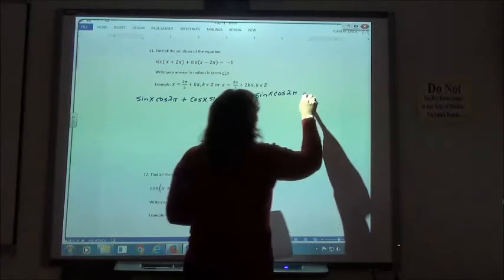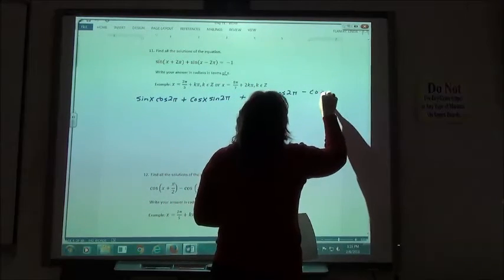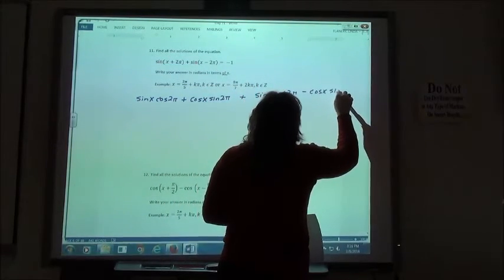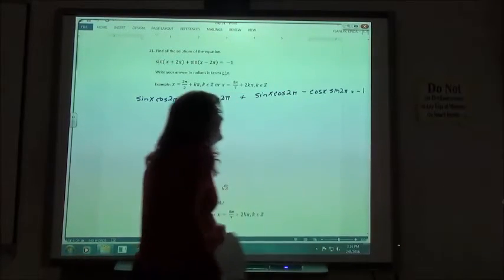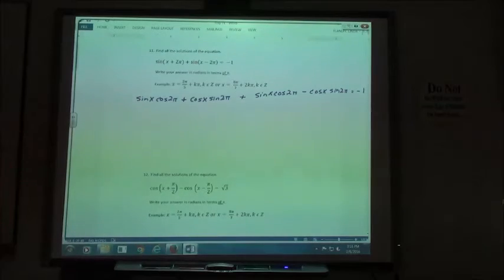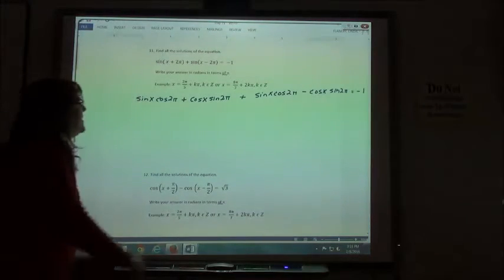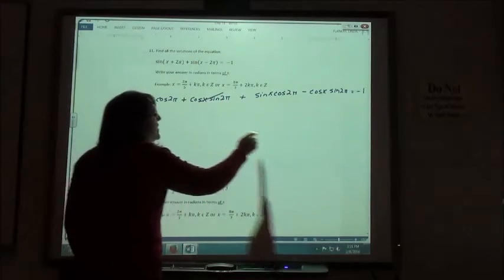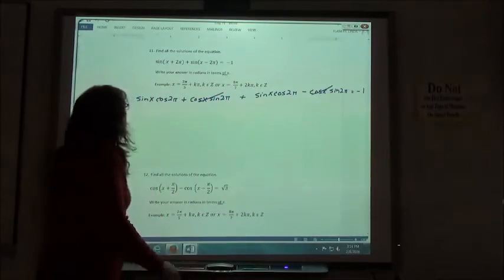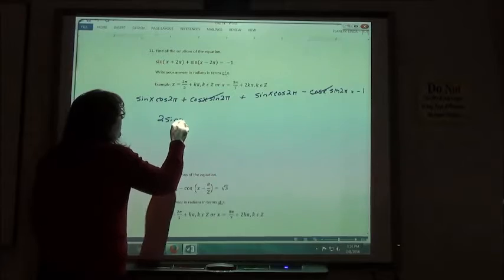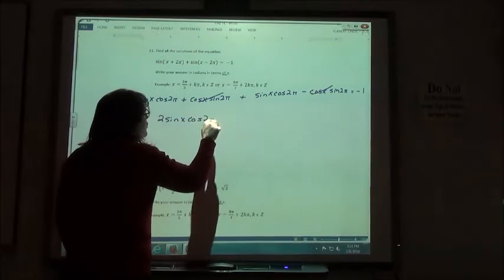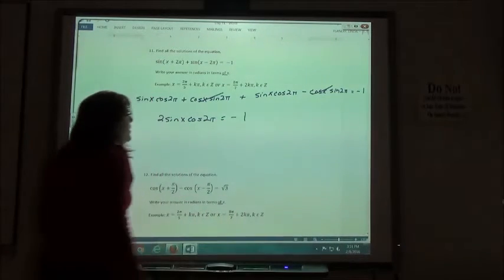Since this is a minus, we get a minus cosine of x sine of 2 pi equals -1. Get all that in there. Looking at that, this time cosine of x sine of 2 pi is going to cancel out. These two are the same, so we're going to have 2 sine of x cosine of 2 pi equals -1.